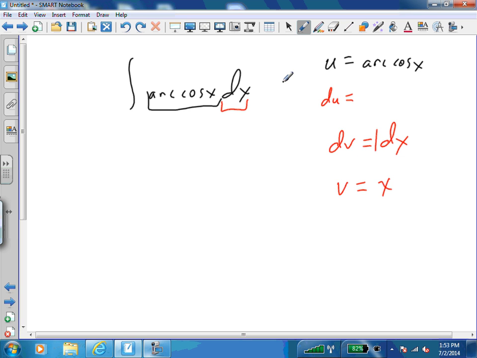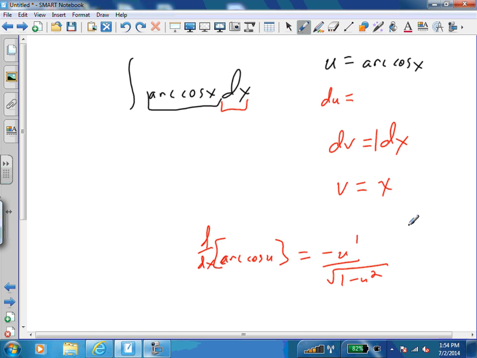if you flip back through your formulas, if we have arc cosine u, the derivative of that is negative u prime over the square root of 1 minus u squared.